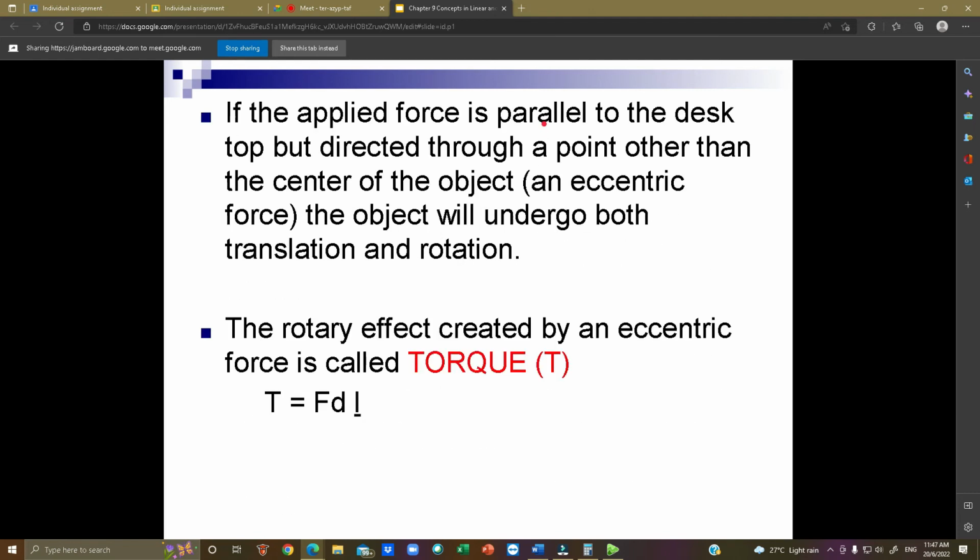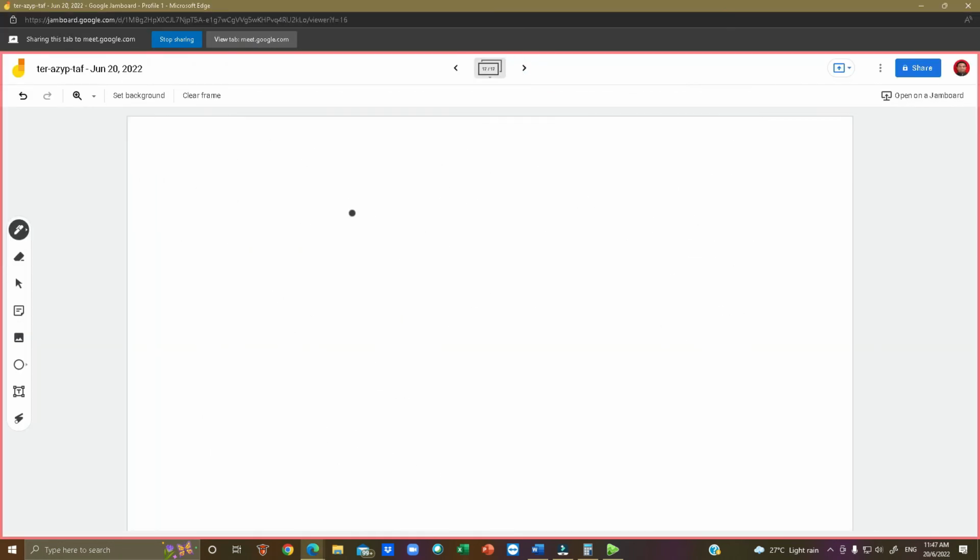Centric force dengan eccentric force. Okay. This is known as centric force. Macam tadi, kita ada object. This is the center and we applied force. This is known as centric force. It causes a translation. Translation adalah pergerakan daripada point A ke point B in straight line.